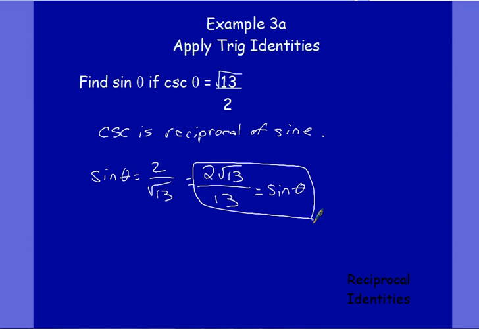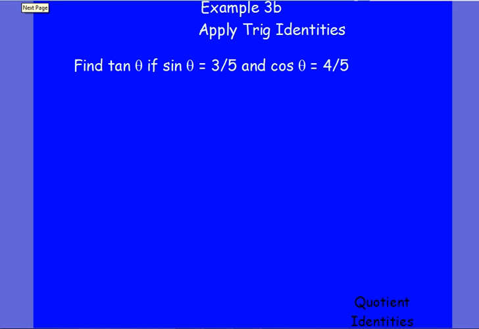If you know those rules, you basically can figure out anything you need. We good with that one? Questions? Okay. Find tangent for me if sine is 3 over 5 and cosine is 4 over 5.